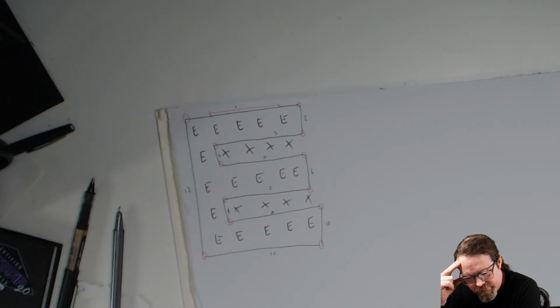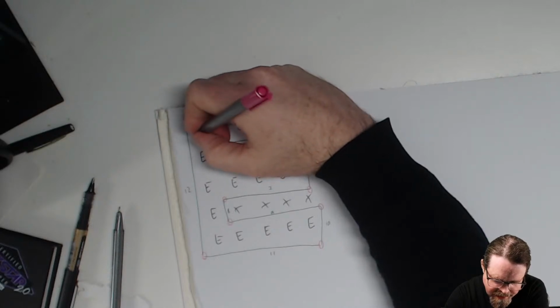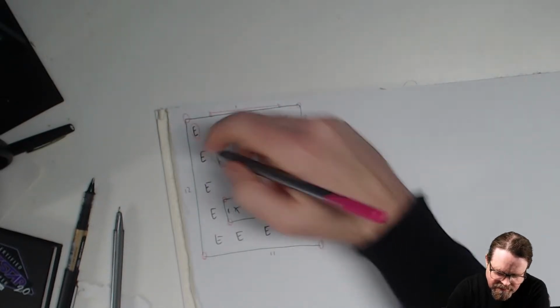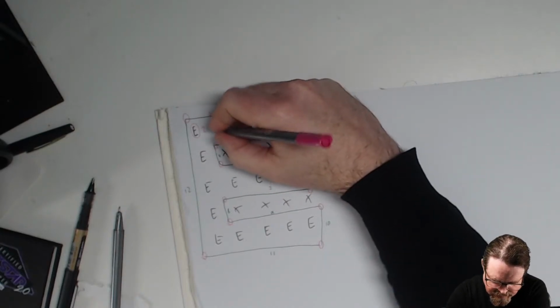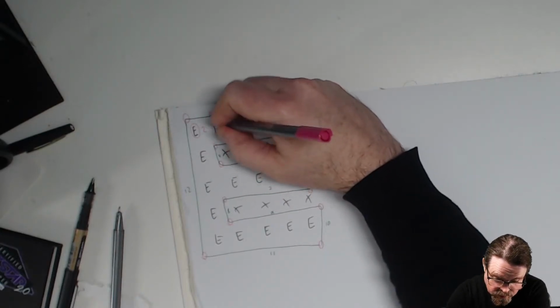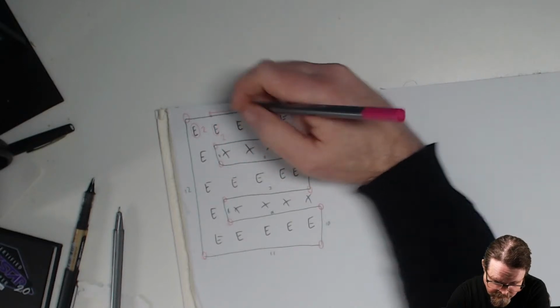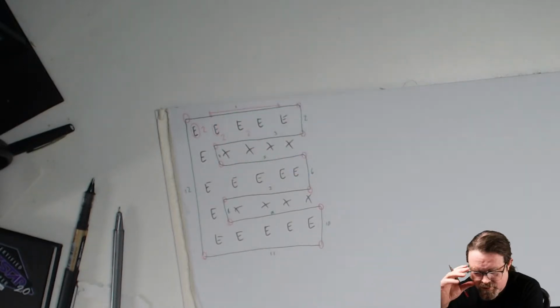So what I want to do here is figure out, okay, so that cell has 2 perimeter sides, right? That cell has 2. That cell has 2.